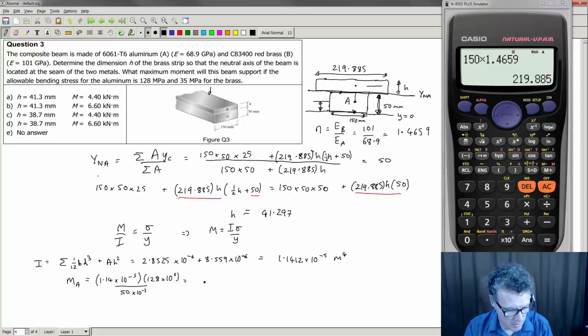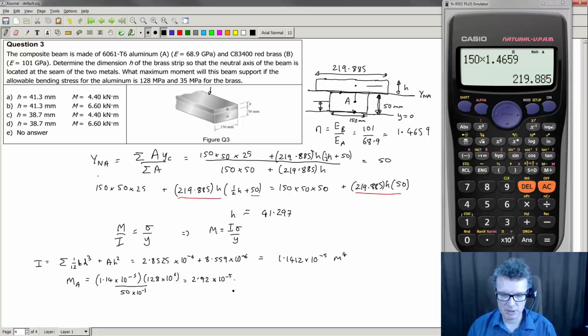So that gives me a result of 2.92 times 10 to the minus 5. Well, actually, that becomes to the minus 1, I think.